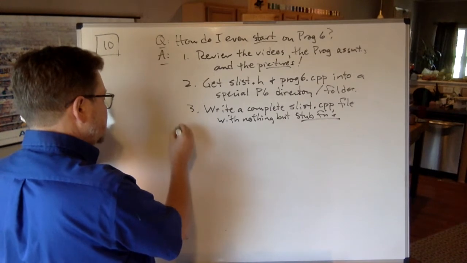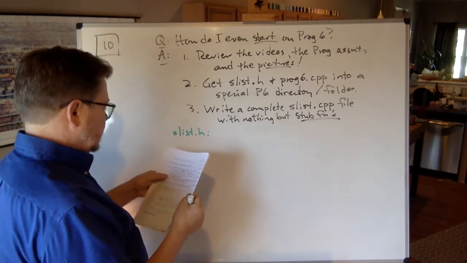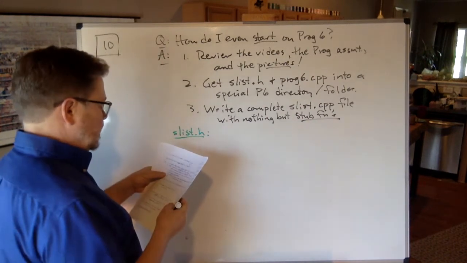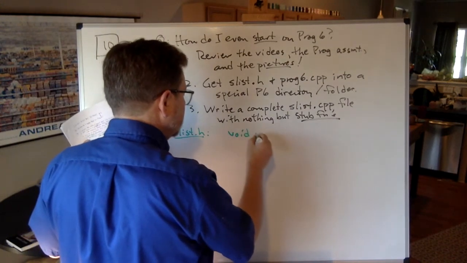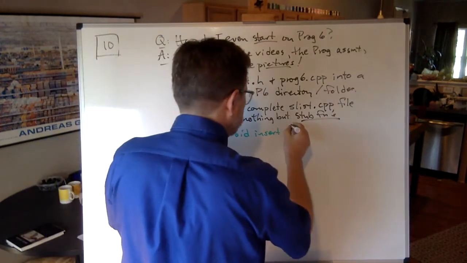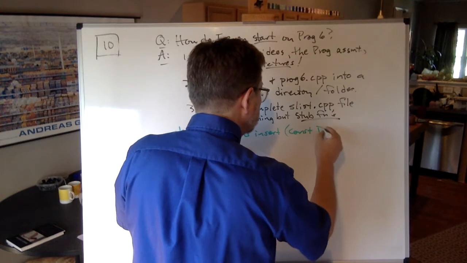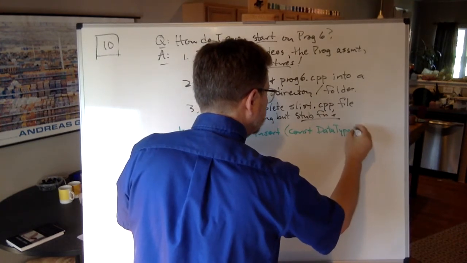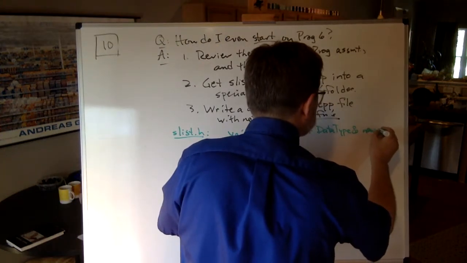In slist.h, if I copied these correctly, and I hope I did, the slist.h you got for free. That's attached to email. There's an insert prototype. Void insert, and then a weird looking parameter, const data type ampersand new item, barely fits.